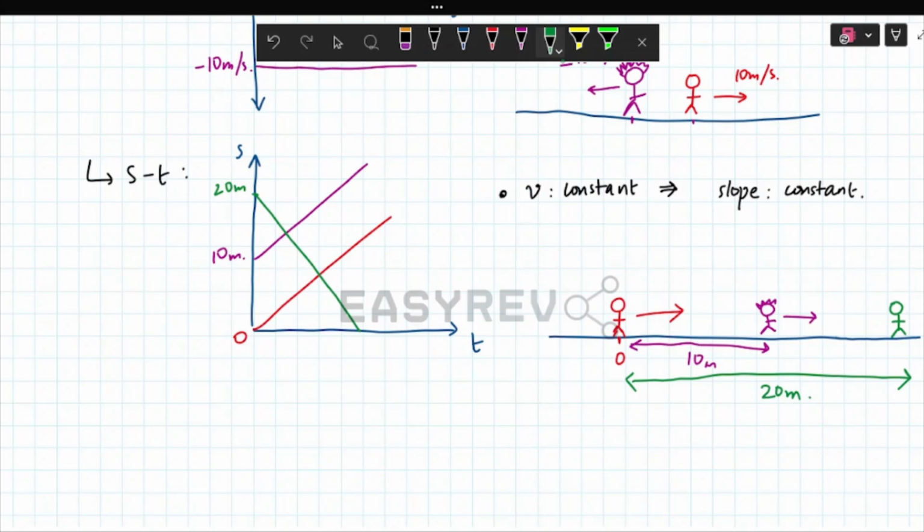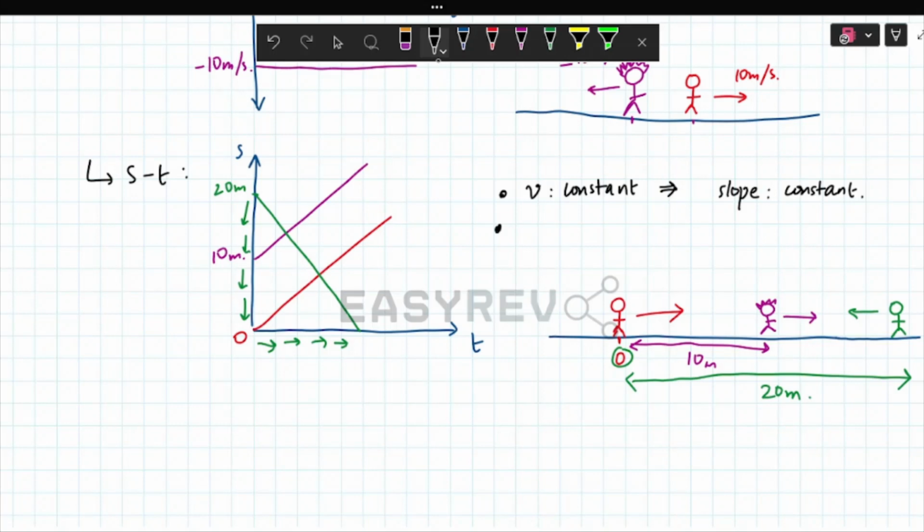Now notice how as time goes on, the graph line, this green one, seems to be approaching the x-axis. In other words, it's approaching the origin, which is to say that this green observer is now moving in the opposite direction and approaching the reference point at 0. And so we find that negative gradients mean that objects or observers are moving in the opposite direction.